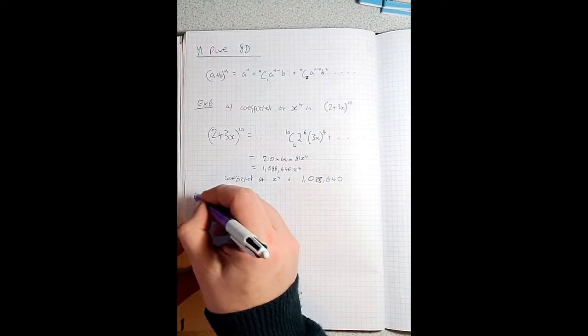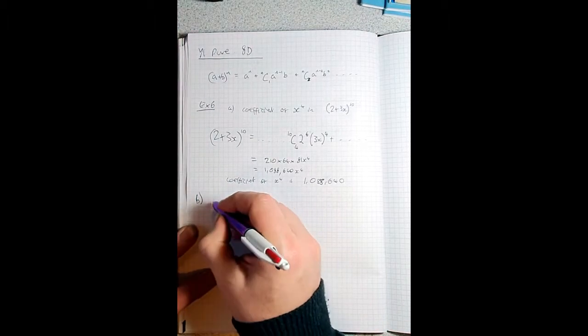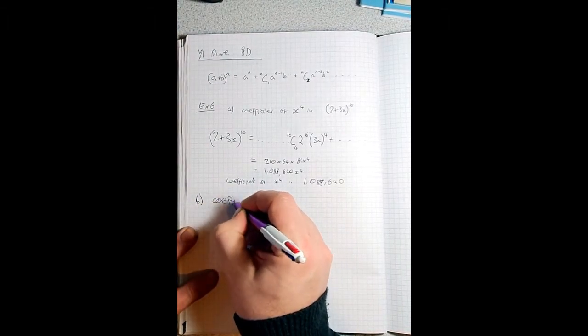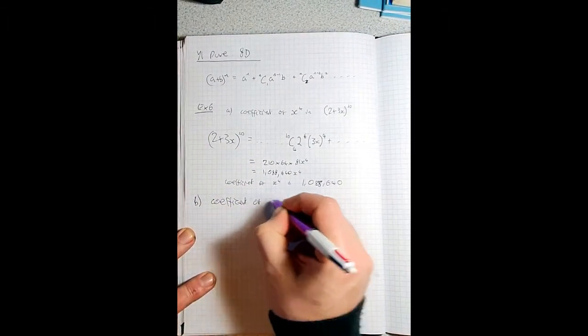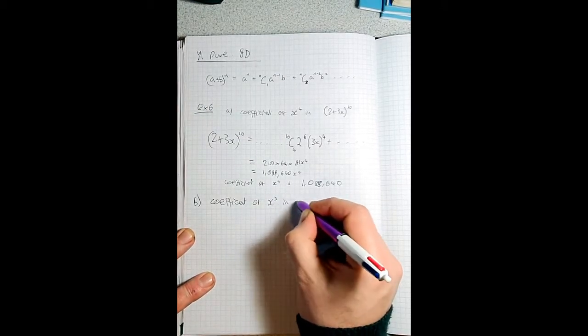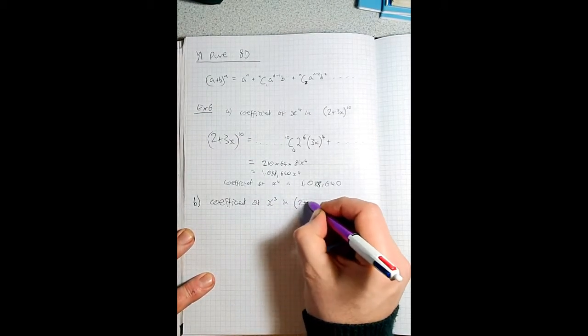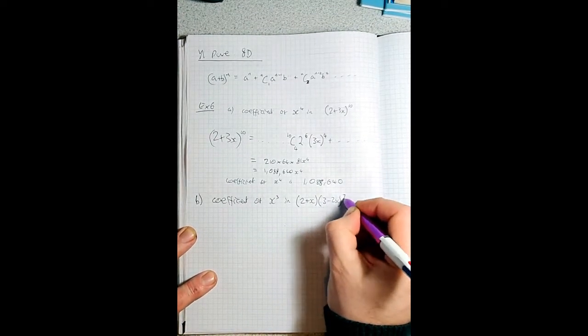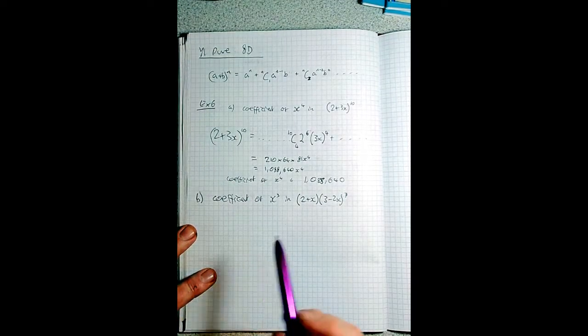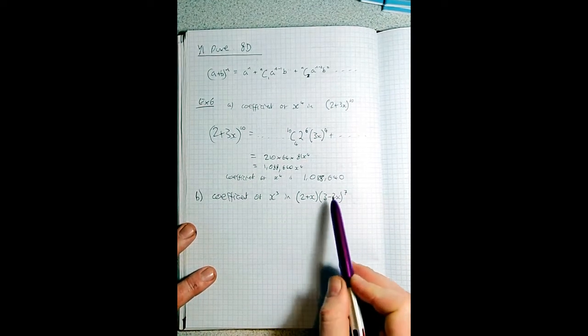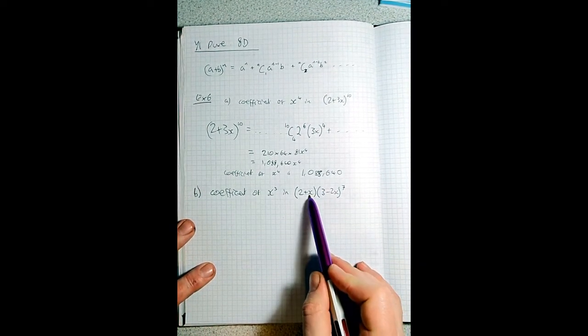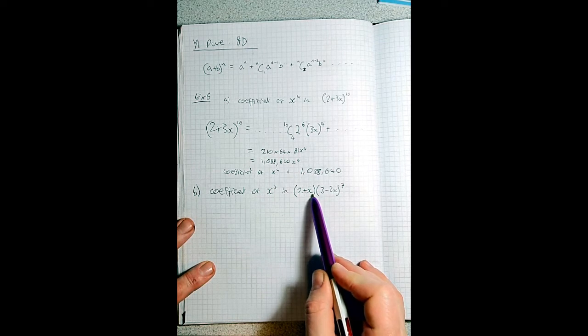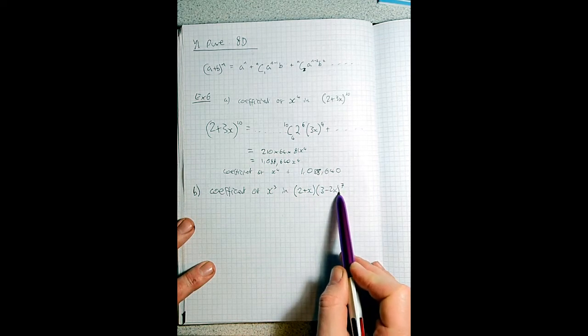In part B, I want the coefficient of x cubed in this expansion. And again, I just need to think about how I am going to get x cubed out of this. I'm going to get it from the x times the x squared term, and from 2 times the x cubed term.